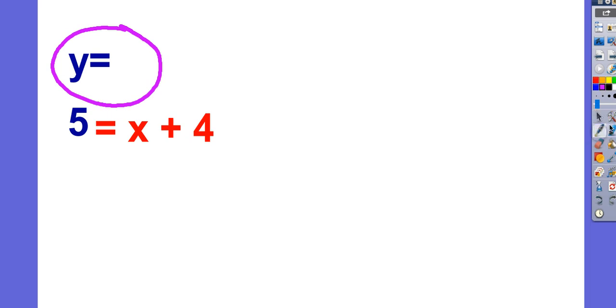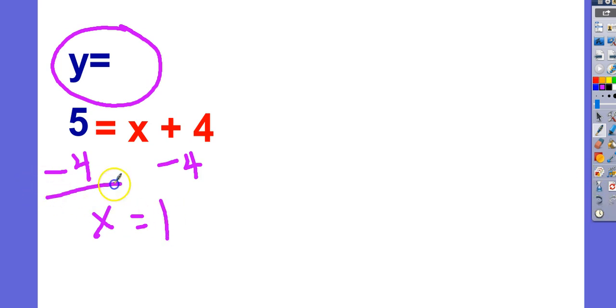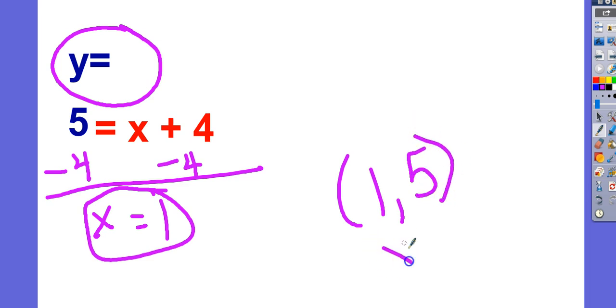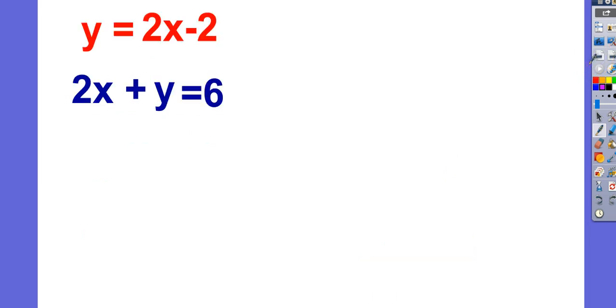So now you could subtract 4 from both sides, and x equals, I'm sorry, I just messed up, x equals 1. So if x is 1 and you already know that y is 5, your coordinates are 1 and 5 for x and y.